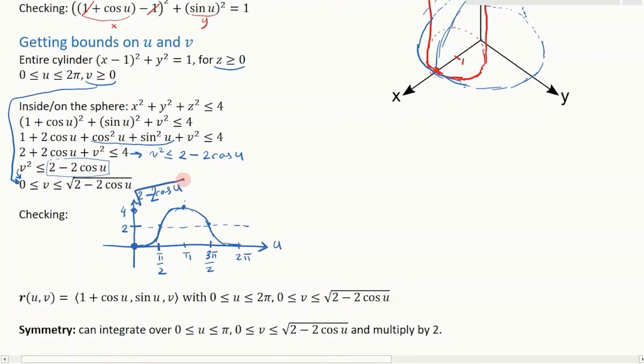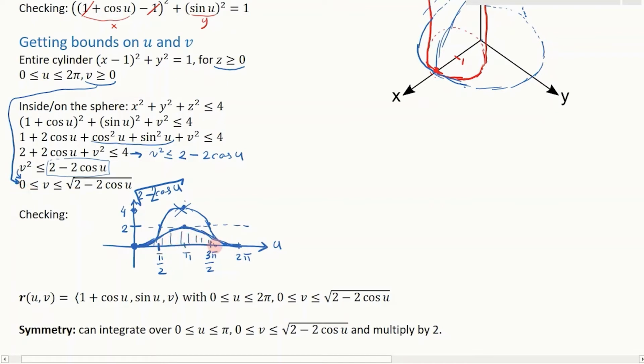So the shape would look, well, I guess instead of 4, we're going to have a 2 here. And then the rest of the shape, I don't exactly know how it's going to look, but probably something like this. So I'm going to just cross this out because this was before I square rooted. So actually, this is the bound. So v would go between 0 and this value.